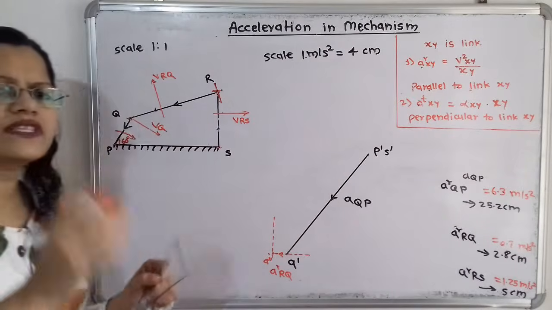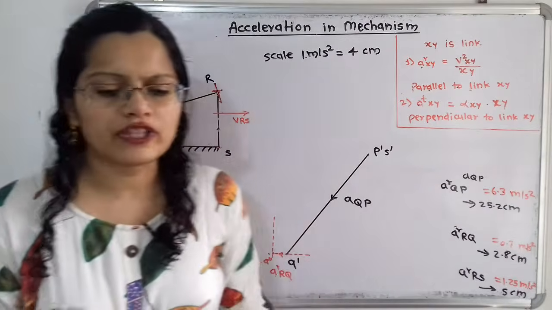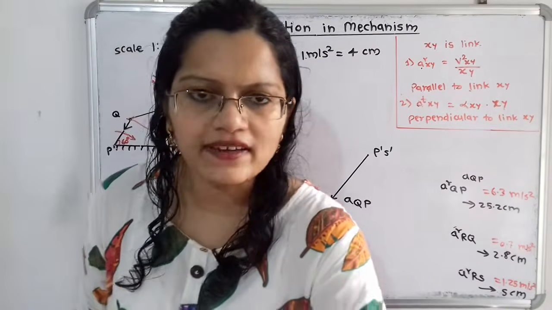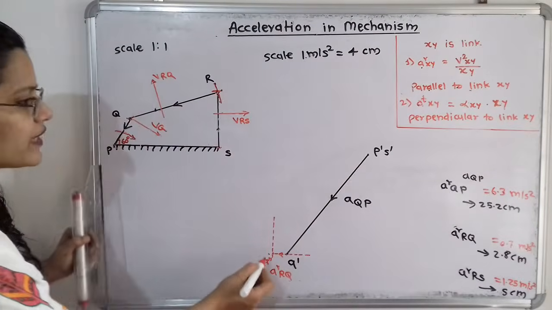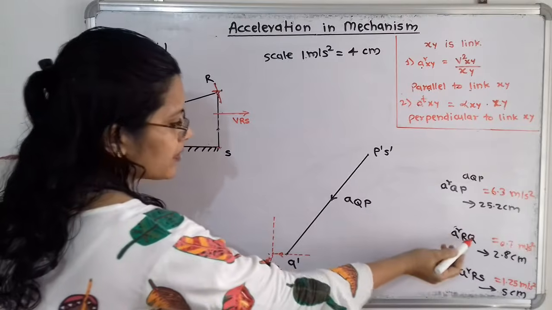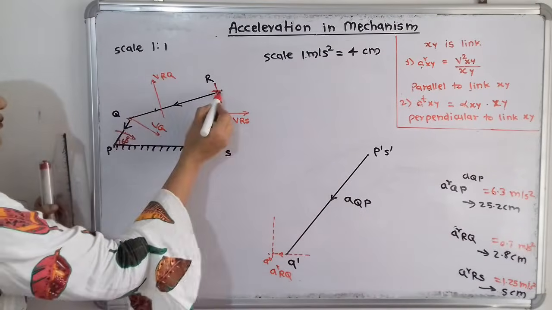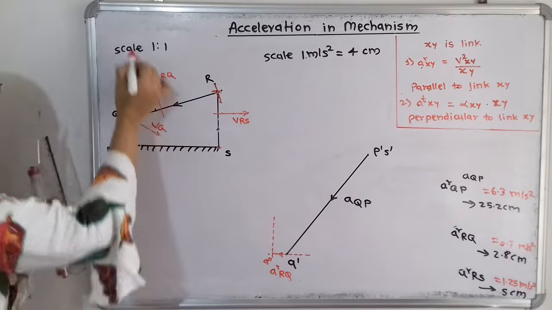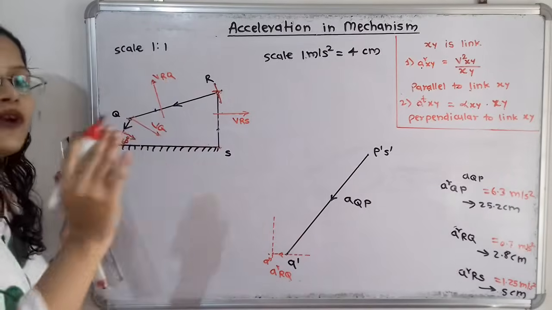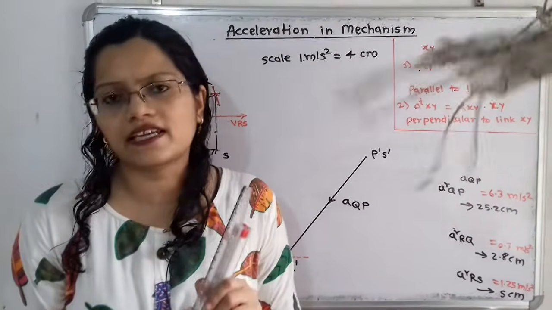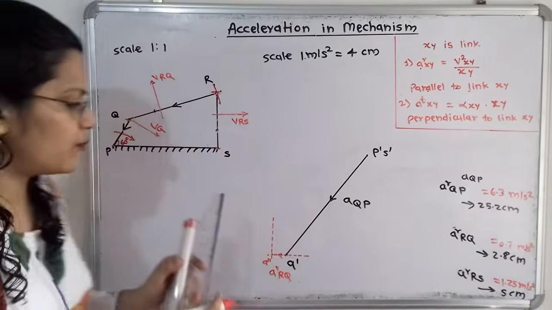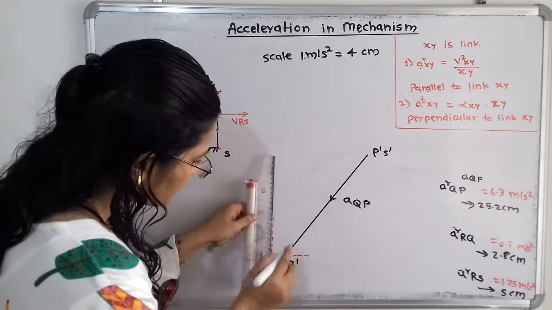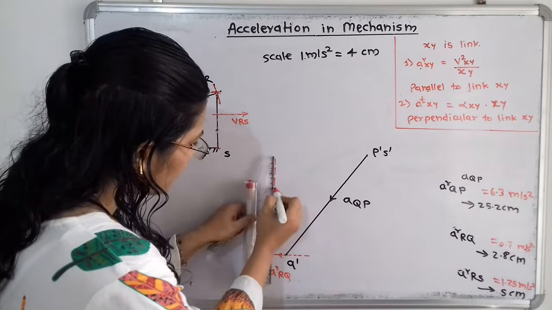Now how to select the direction for this tangential component? For that we have to observe this link RQ. Velocity is in the upward direction, so we have to take the same direction for the tangential component, that is the upward direction.